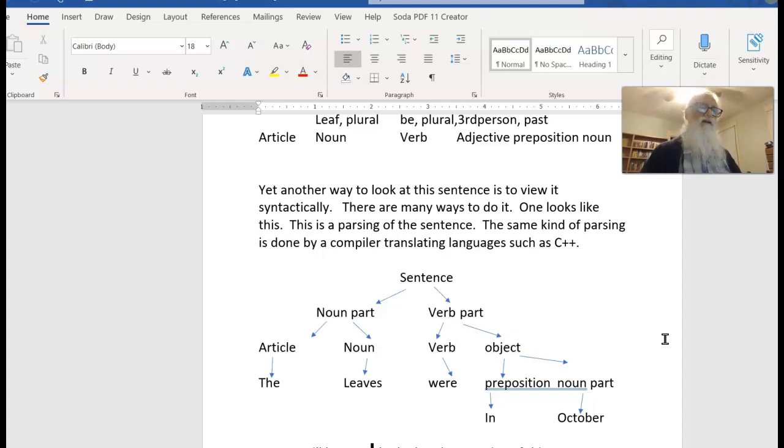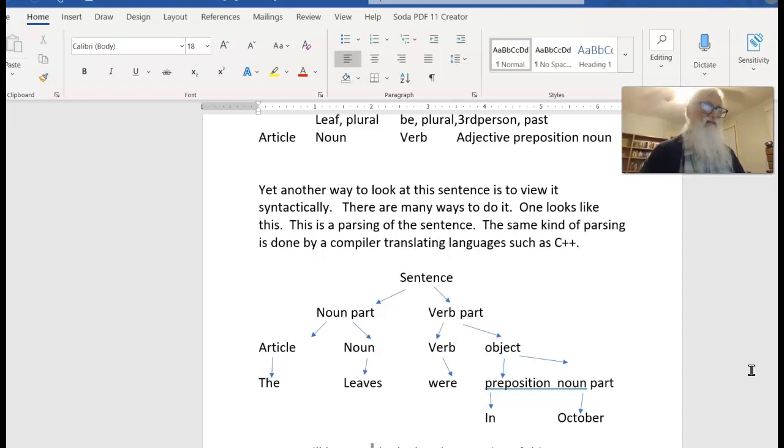We're talking about words that will remain, that are part of the sentence, not categories we're using to help us put together the sentence. For example, sentence and noun part and verb part. Those are going to be called non-terminals in a minute when I do this more formally.